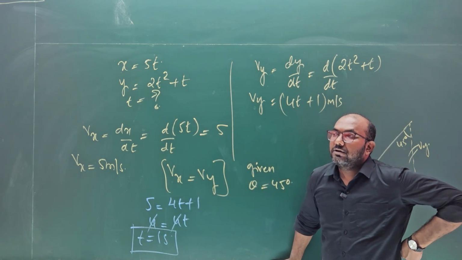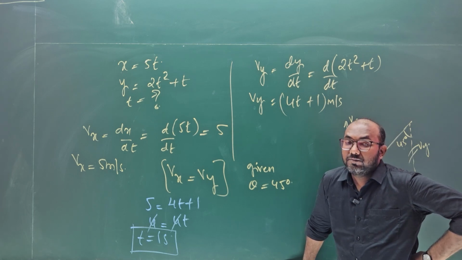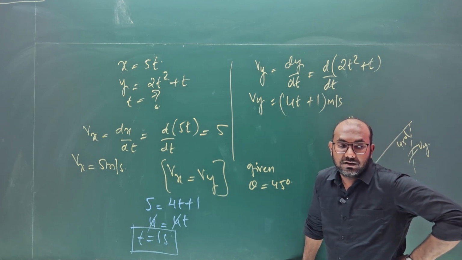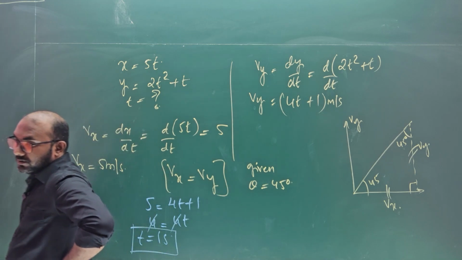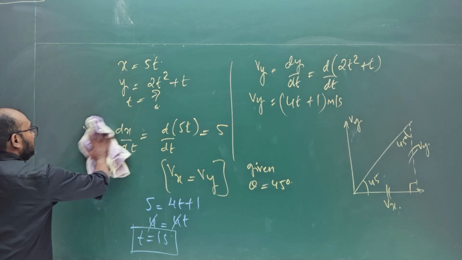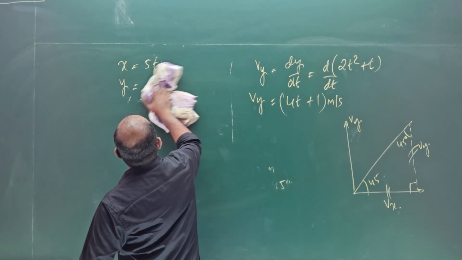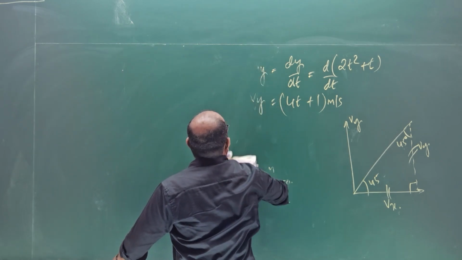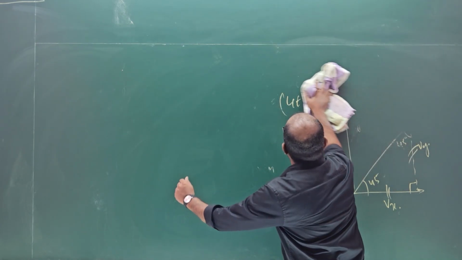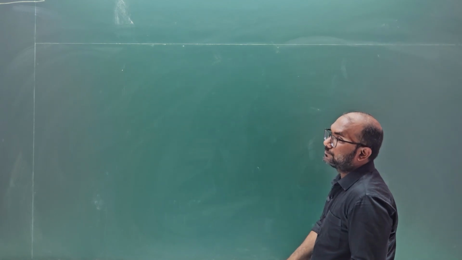A particle moves along the curve y is equal to x squared by 2.